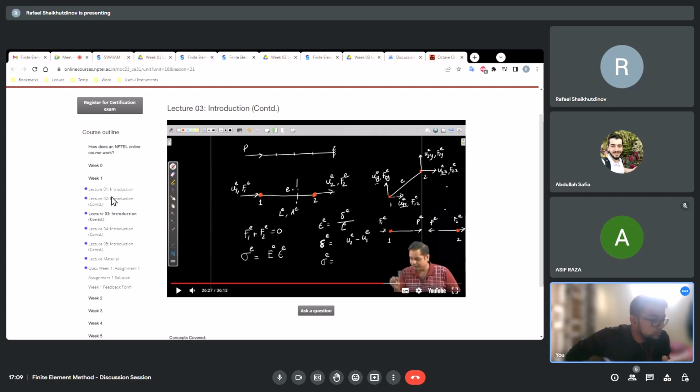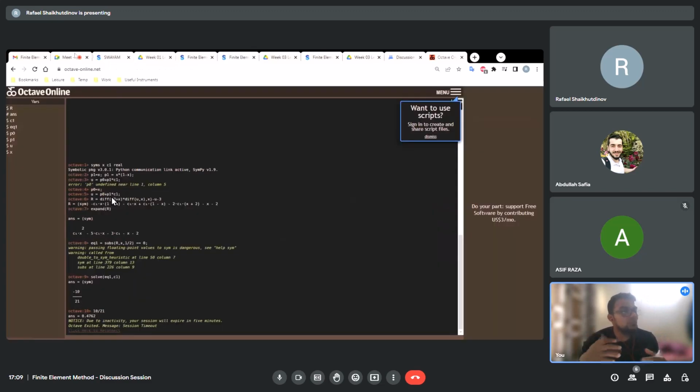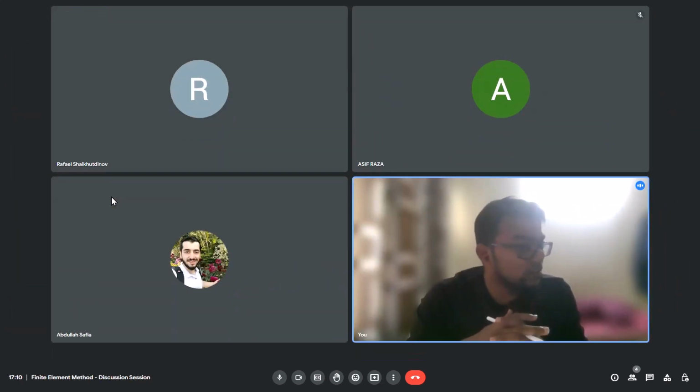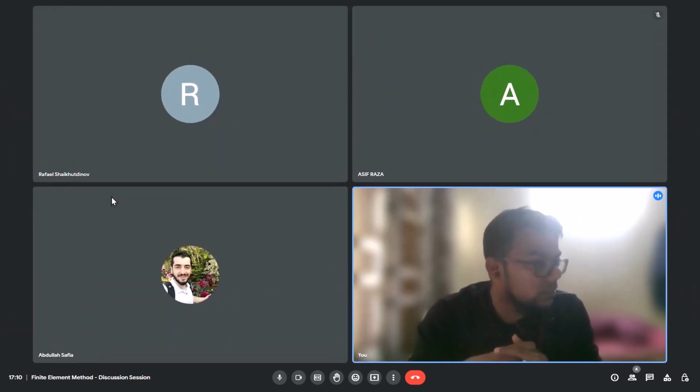We have this bar problem, right? Better formulate your question for the bar problem as well as for the beam problem and see the difference. How is it coming up? If you can do that and post it, or else we can have it in the next discussion session as well, if you don't mind.